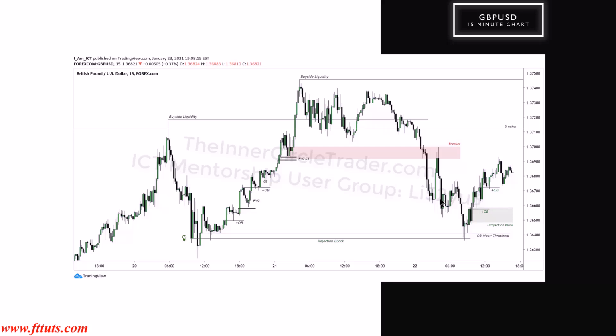The brain that you have between your ears is much better. You can see things, you can weigh things out. And this overlap here, when it runs down through it again, go back to the previous wick and cancel all that out. It doesn't exist.